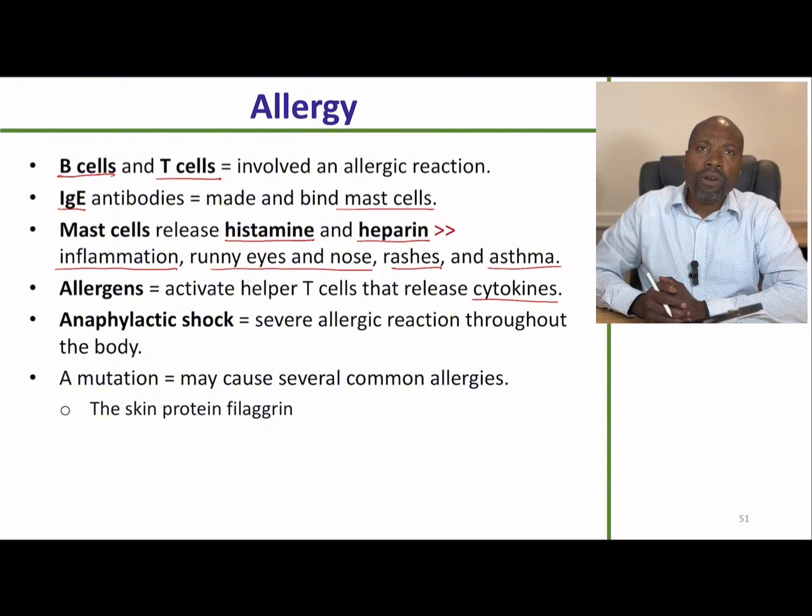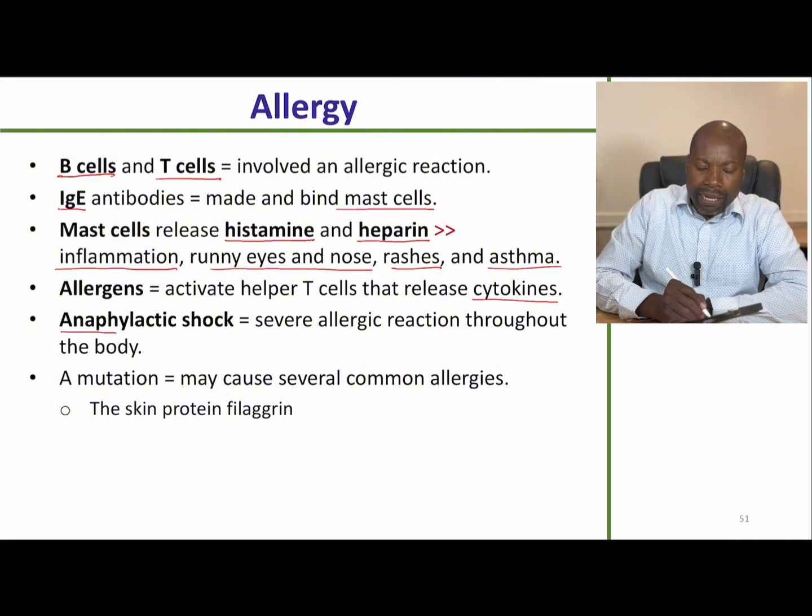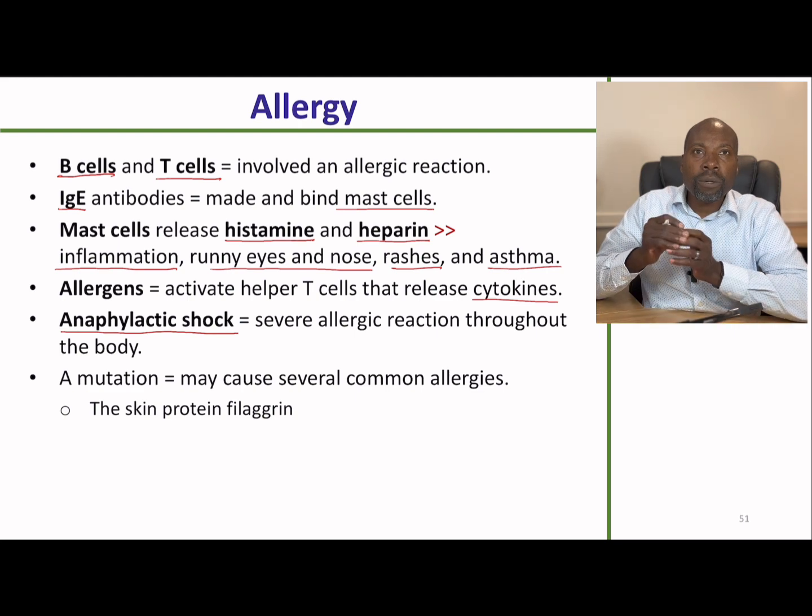Now, there are some allergic reactions that are life-threatening. These life-threatening allergic reactions occur all of a sudden, right? We call this allergic reaction anaphylactic shock. Okay, anaphylactic shock is a very severe allergic reaction that spreads throughout the body.